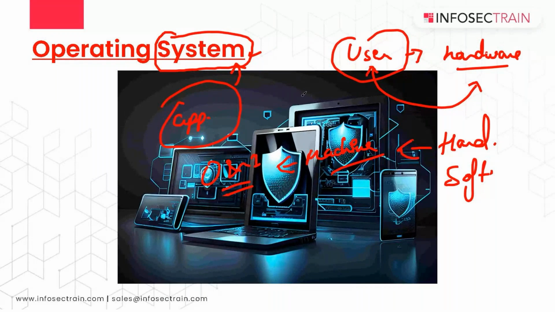It manages all the processes and resources inside our system. The operating system is responsible for executing any application or process, resource allocation, CPU management, and the other tasks.